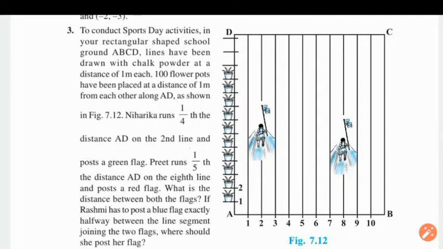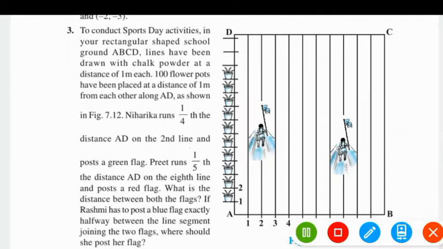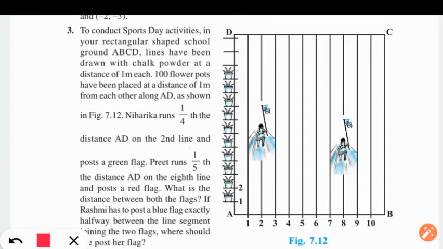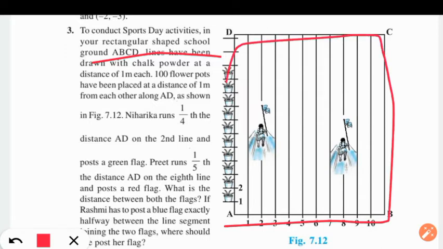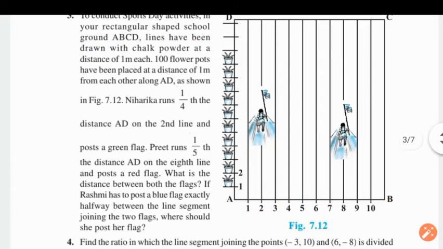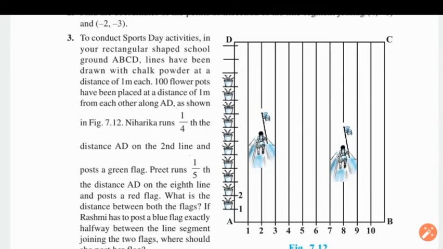To conduct sports day activities in your rectangular shaped school ground ABCD, lines have been drawn with chalk powder at a distance of 1 meter each. See, 1 to 2, 2 to 3 is drawn there.